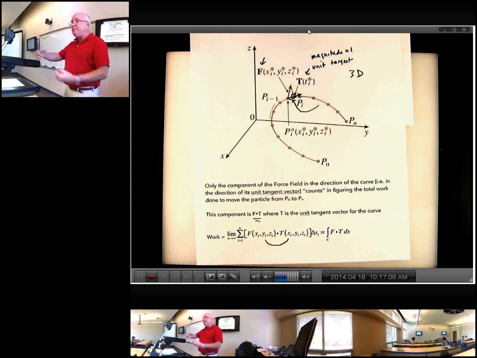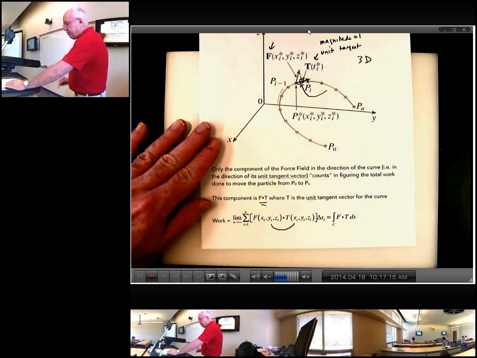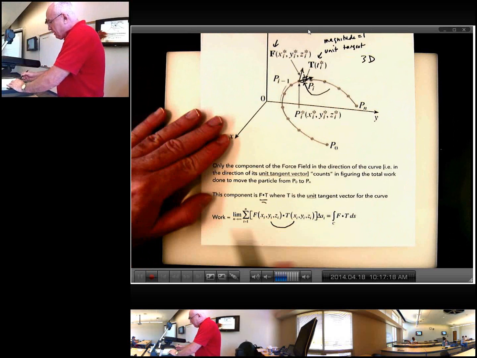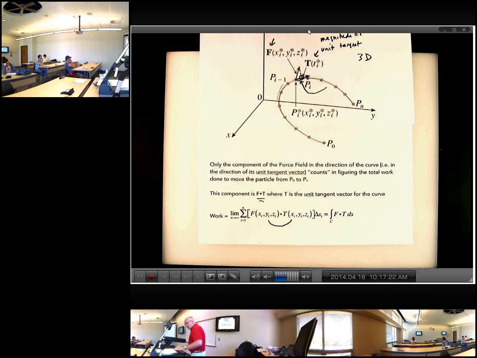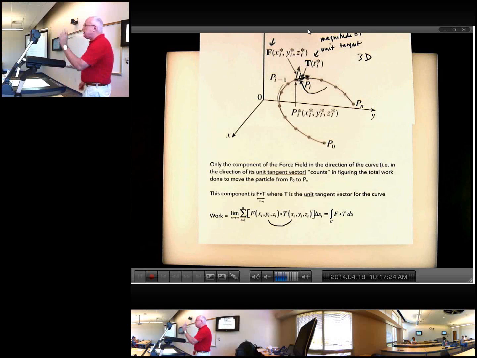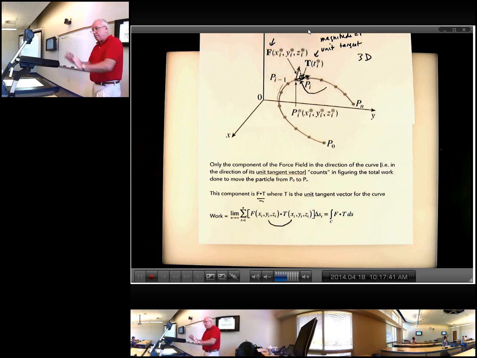We keep subdividing our curve into smaller and smaller segments, and we add all this stuff up. So the work is equal to the limit, as these segments go to infinity, of the sum of all of these little dot products times the distance. That gives us just the force that goes in the direction we're moving times the distance, which is what work is, force times distance.